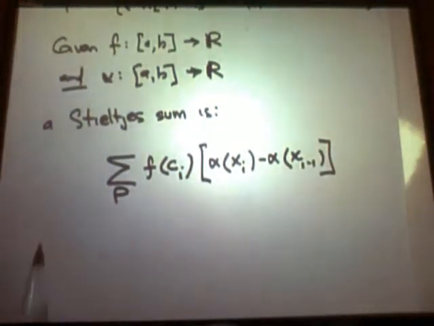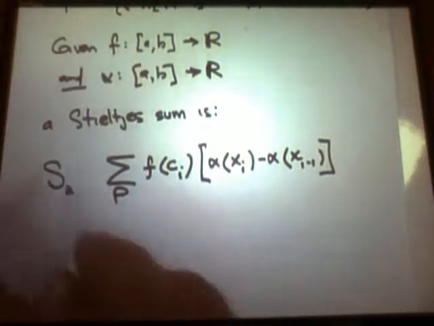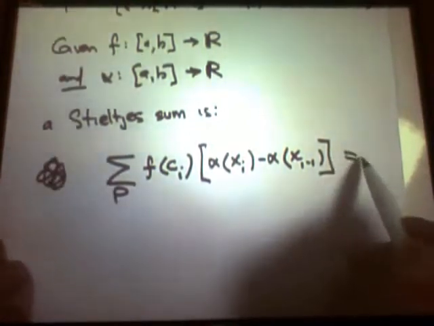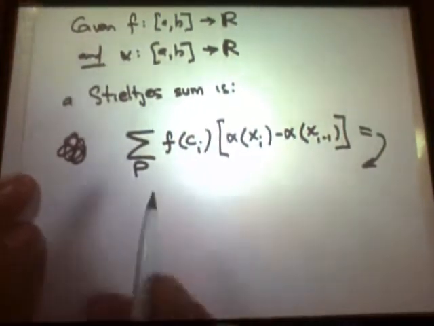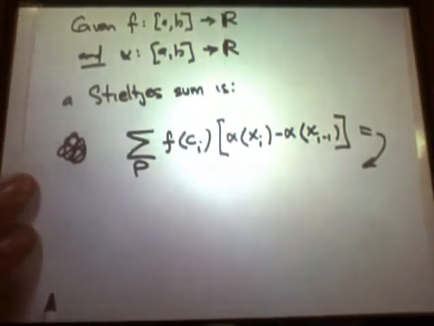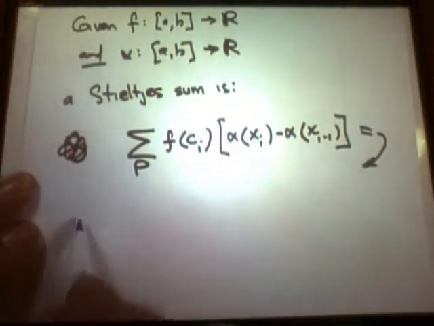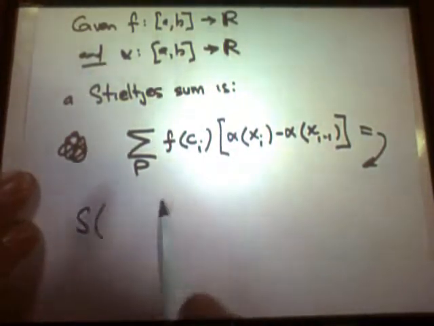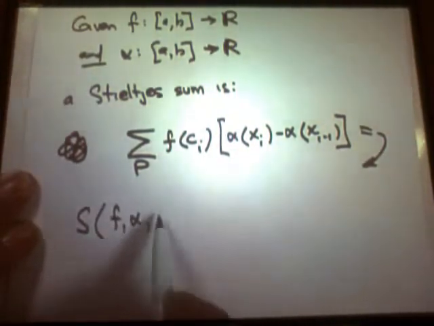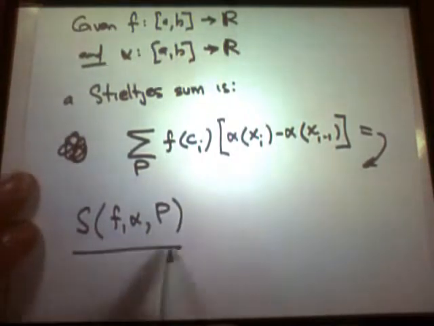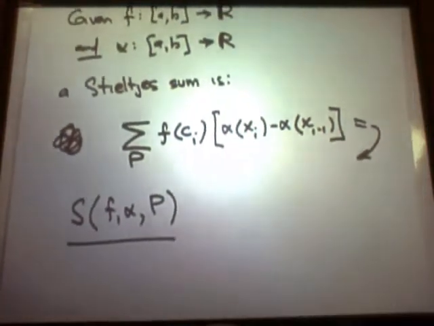Okay? Let's give this a name. Let's just call it this. There's a specific f, a specific alpha, and a specific partition. So for shorthand, that'll be okay.